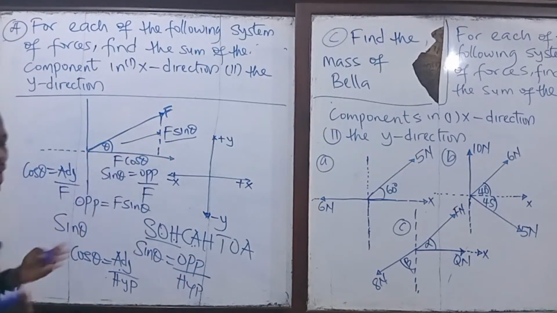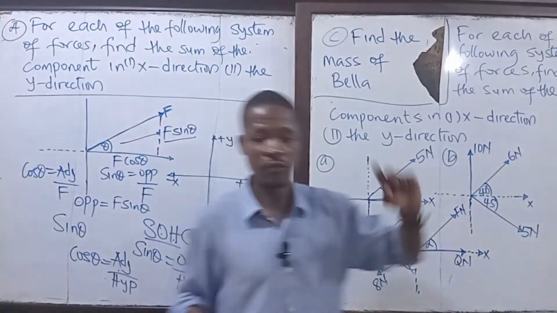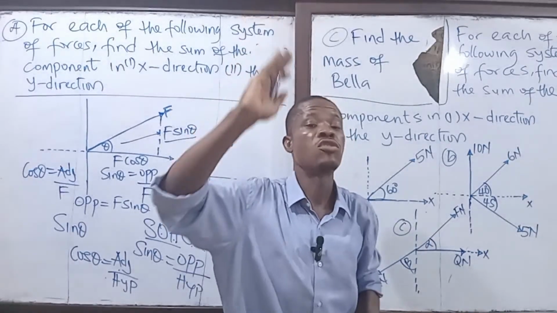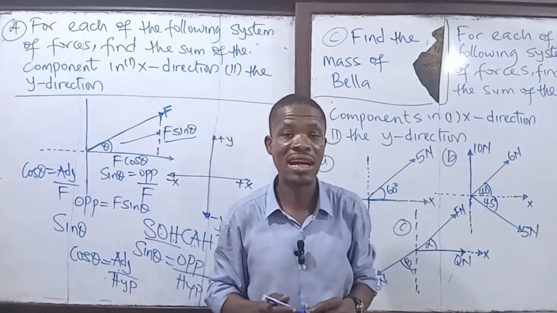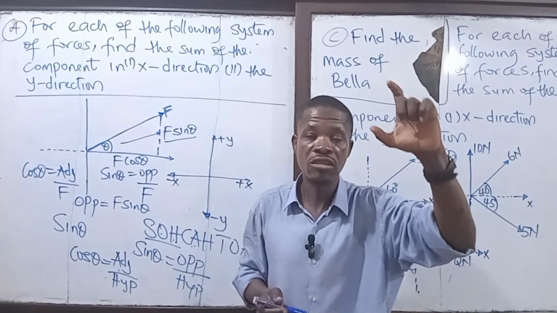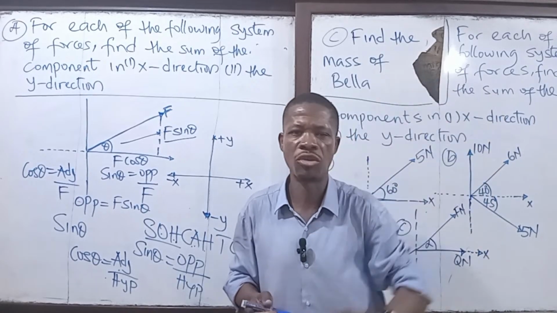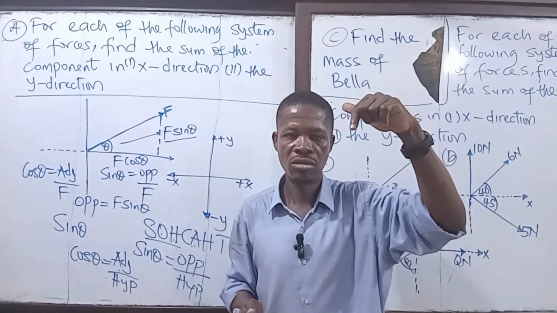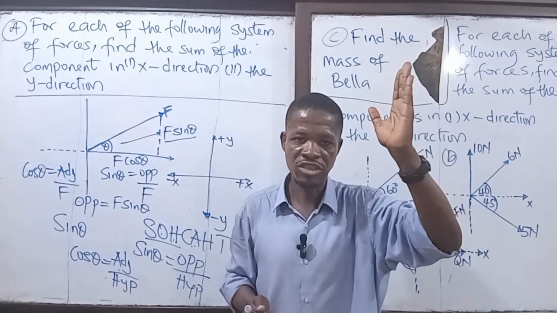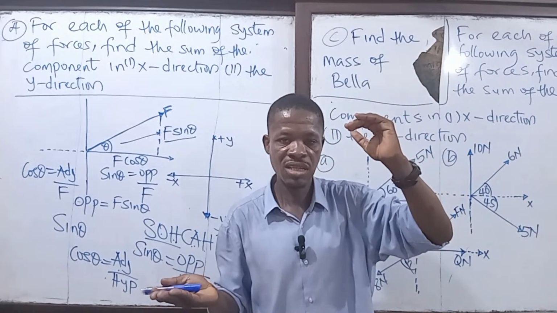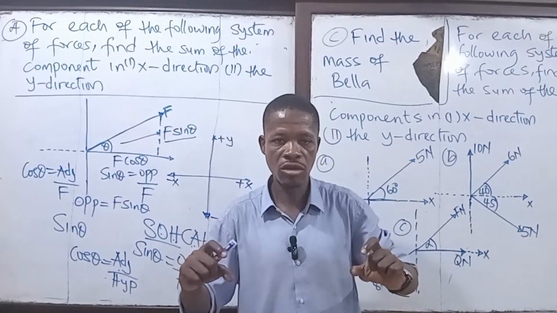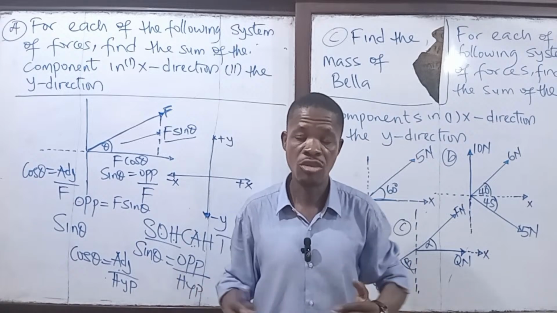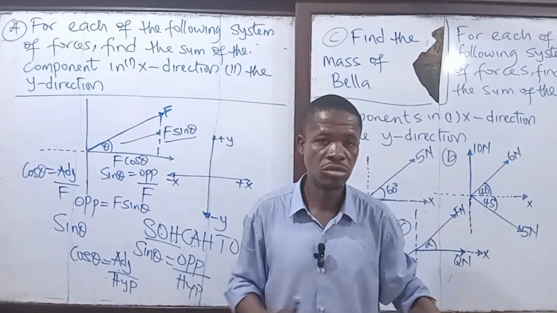So when you resolve along the horizontal, you have F cos theta, and along the vertical, you have F sine theta, times the vector or the force. So that's that on resolving vertical and horizontal.